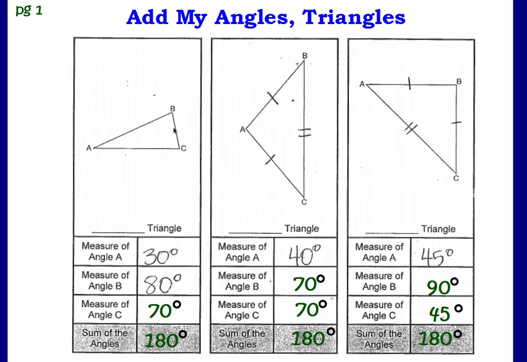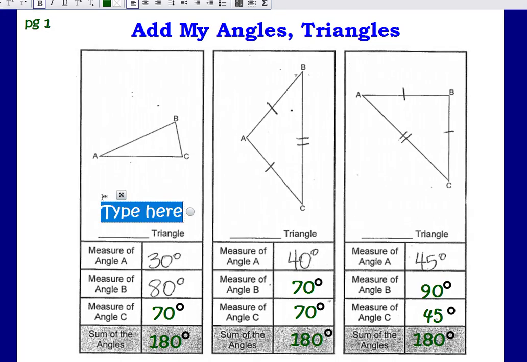And all angles are acute. They're all less than 90 degrees. So this could be classified as an acute scalene triangle.